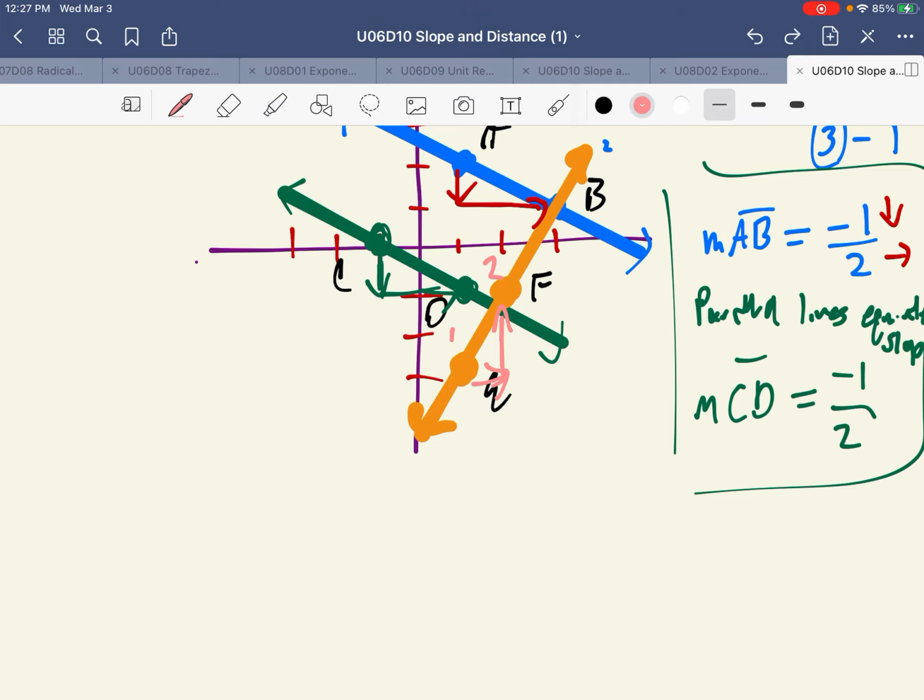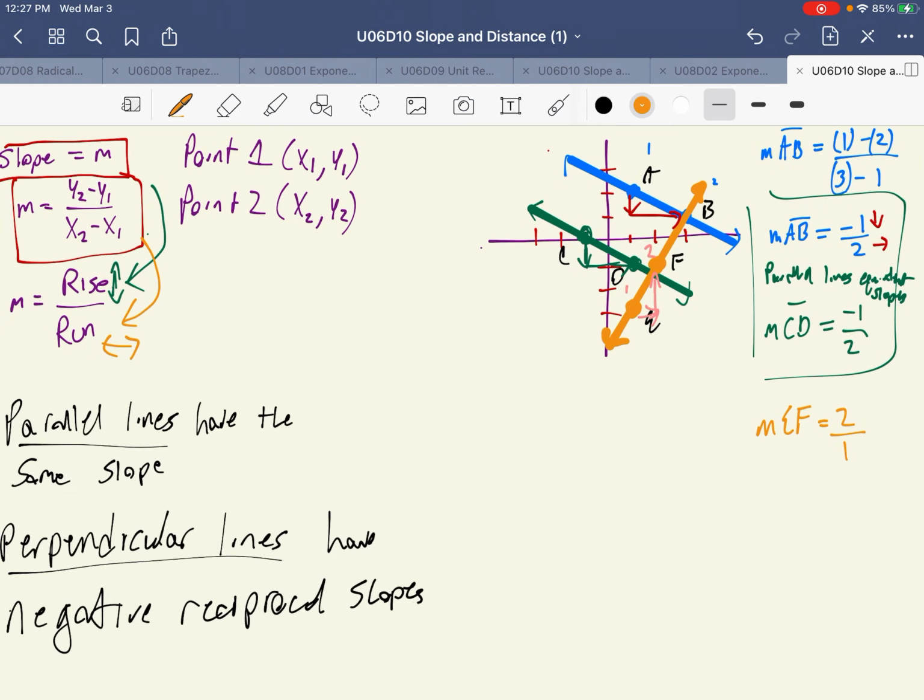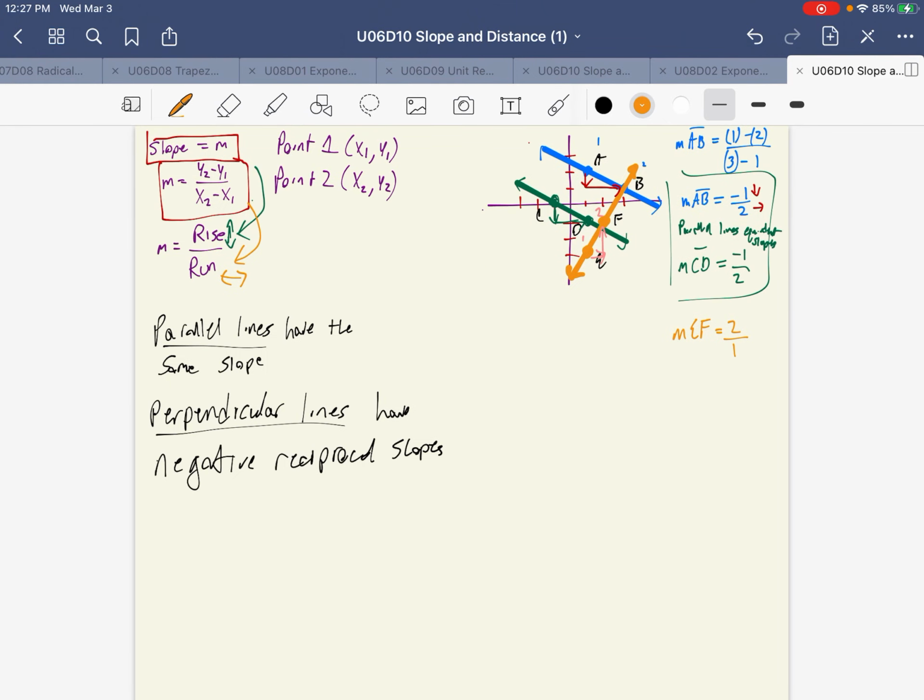So the slope of the yellow line, which is, again, EF, is a rise of 2 and a run of 1. Now, normally you would write that the slope is 2, but I'm purposely writing it as 2 over 1 because it'll be helpful for what we're going to talk about in a moment, which are perpendicular lines.